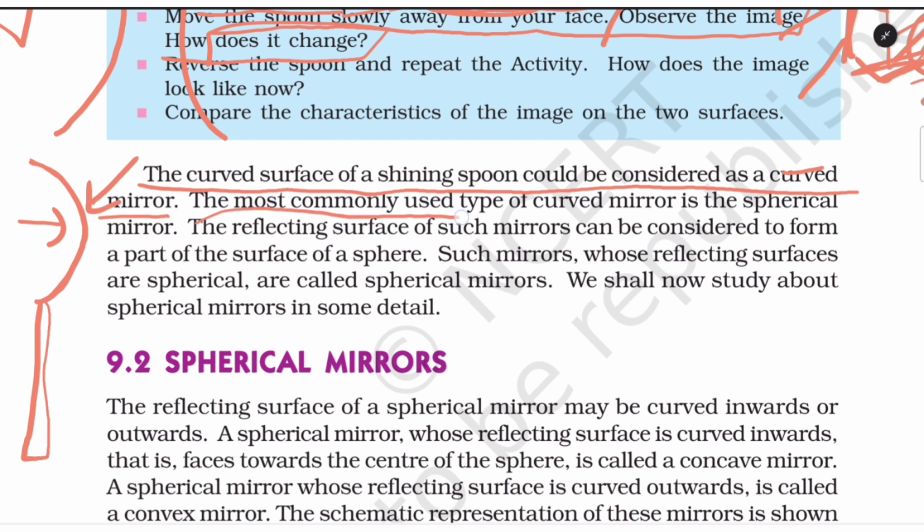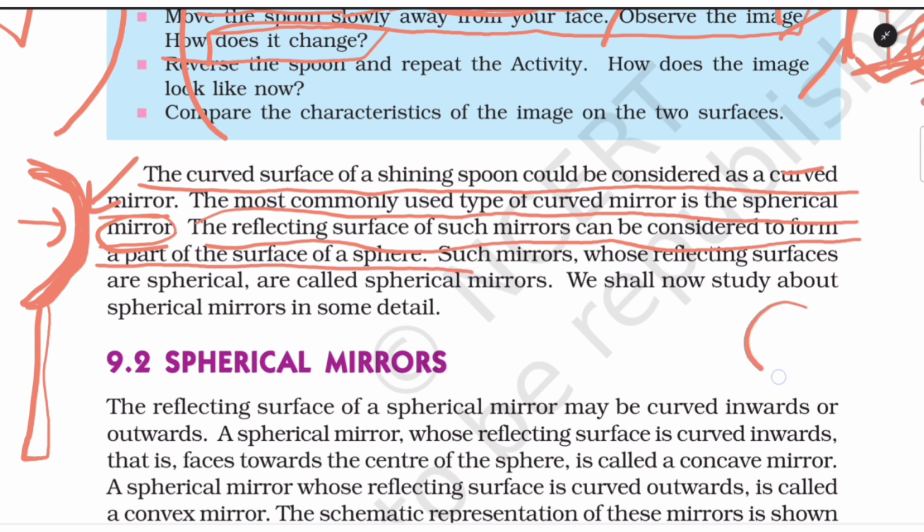The most commonly used type of curved mirrors is the spherical mirror. Here is the representation of a spherical mirror. The reflecting surfaces of such mirrors can be considered to form a part of the surface of a sphere.